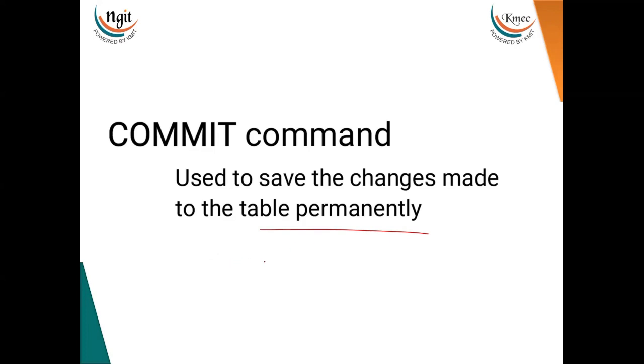So in order to make the changes affect permanently, you need to work with the TCL commands. Namely, we have the commit command. Commit command is used to save the changes onto the table permanently. To affect the table permanently, you are working with the commit command.